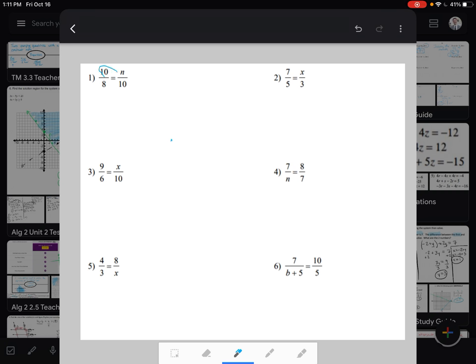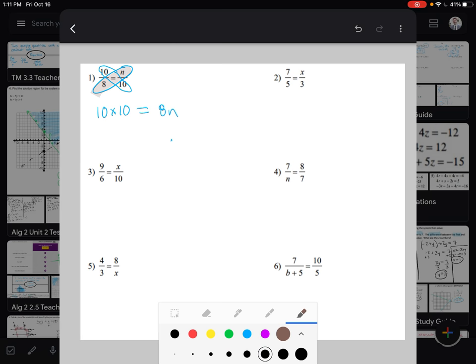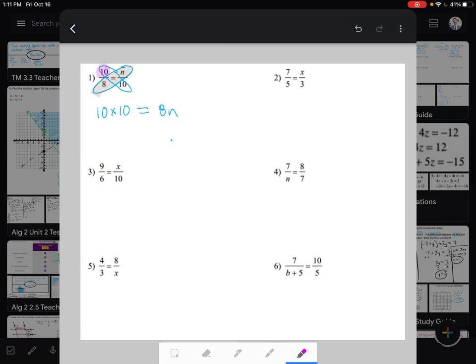The easiest and most clear way to do this is to cross multiply. That means we take the diagonals, multiply them together, and set them equal to each other. On one side we'll have 10 times 10, and on the other side we'll have 8 times n. Let's highlight this in two different colors so we can see what goes where.